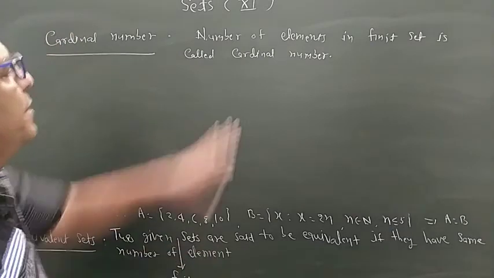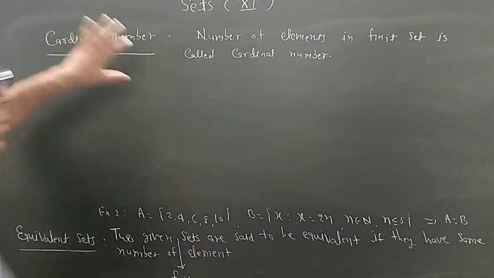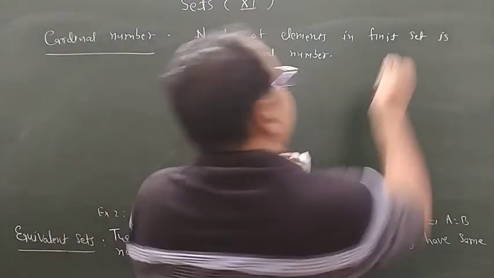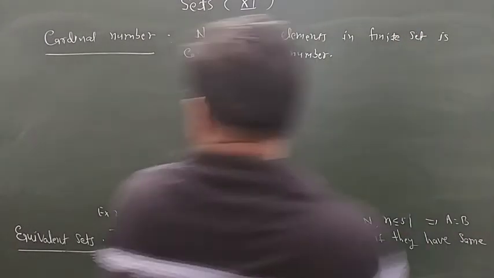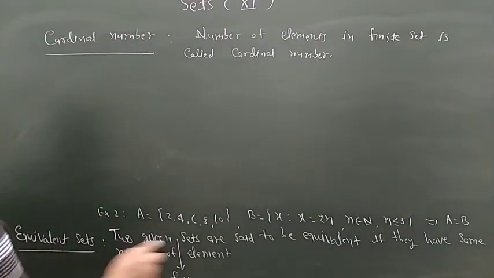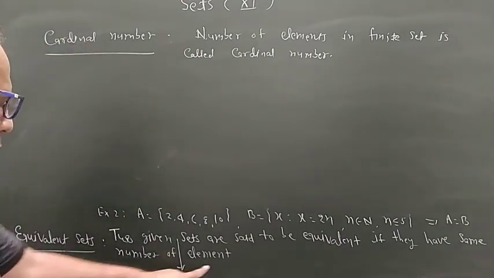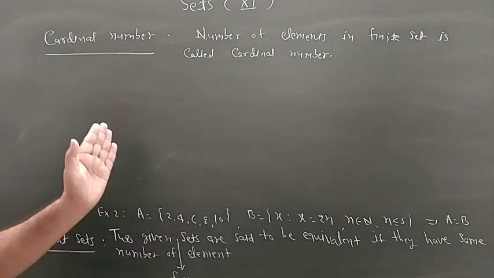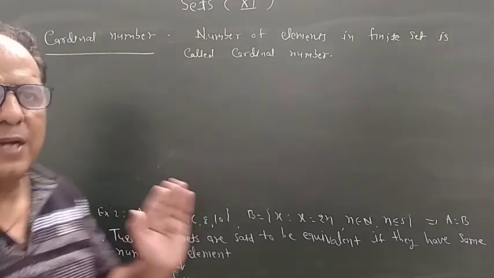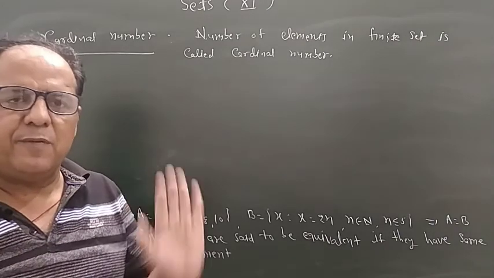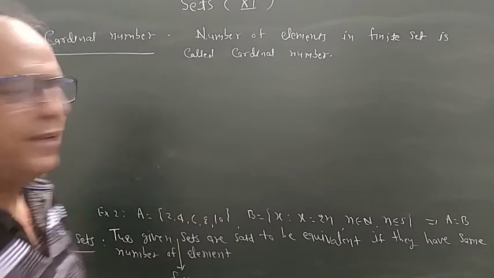So the cardinal number word can be used only for a finite set. Two given sets are said to be equivalent if they have the same number of elements. That means if the cardinal numbers of two sets are equal, then we can say these are equivalent sets.